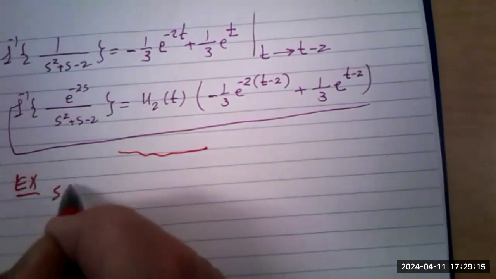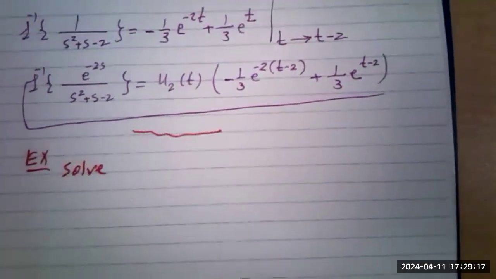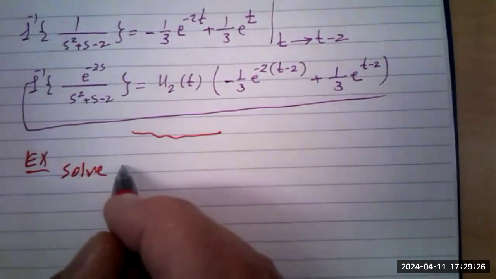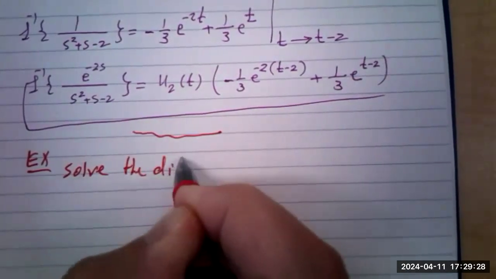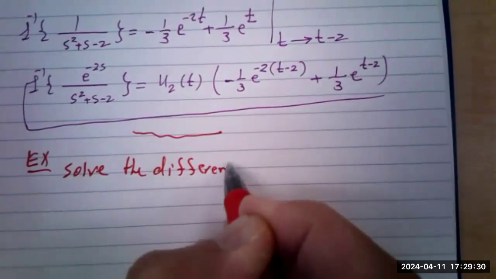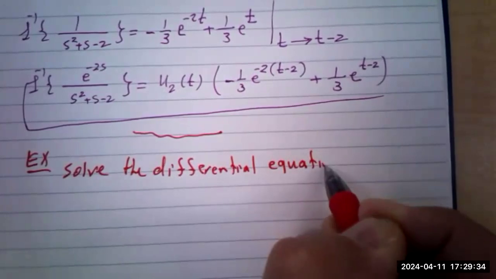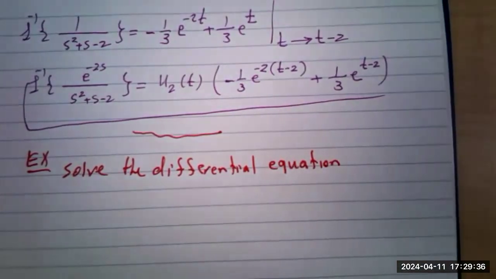Example, you want to solve a differential equation, of course, by Laplace transform. You have no other choice for this one. So solve the differential equation. See, this is the type that you may see in application problems.